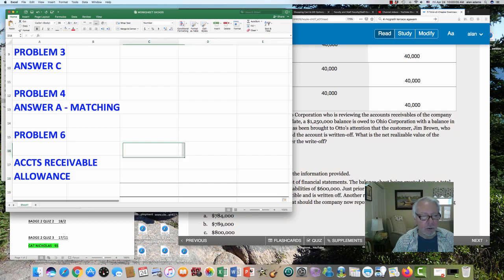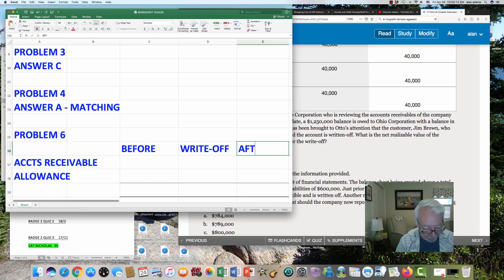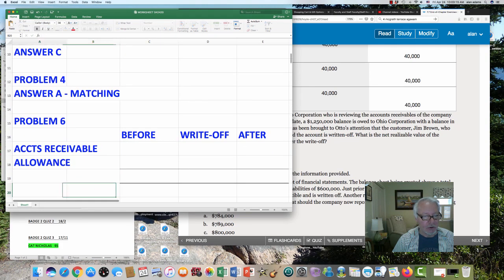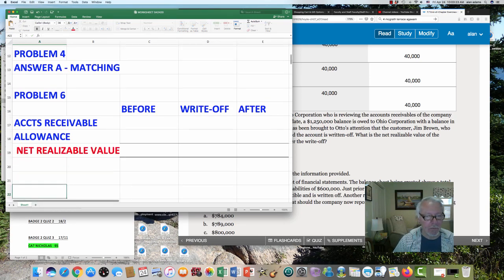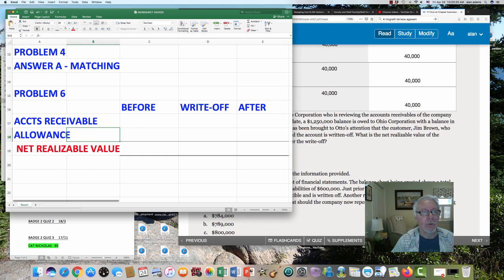Okay, here's what I'm going to do. I'm going to show you before. I'm going to show you the write-off, and I'm going to show you the after. So the difference between accounts receivable and the allowance for bad debts is called the net realizable value, as we already know. Let me just make B a little bit bigger there. Get a little more space. There we are. And I'll hit save so I don't lose this work.